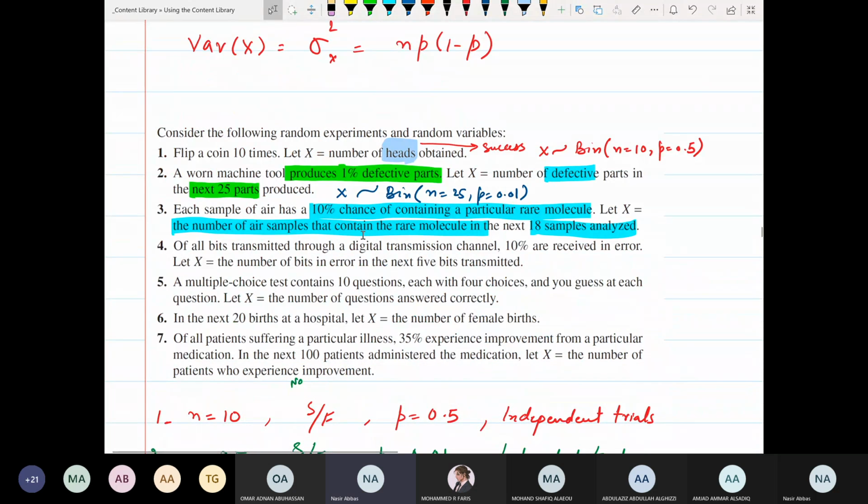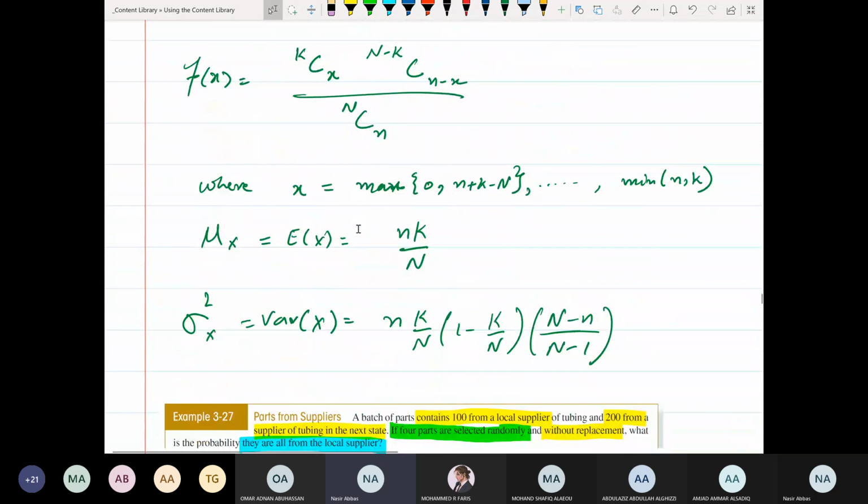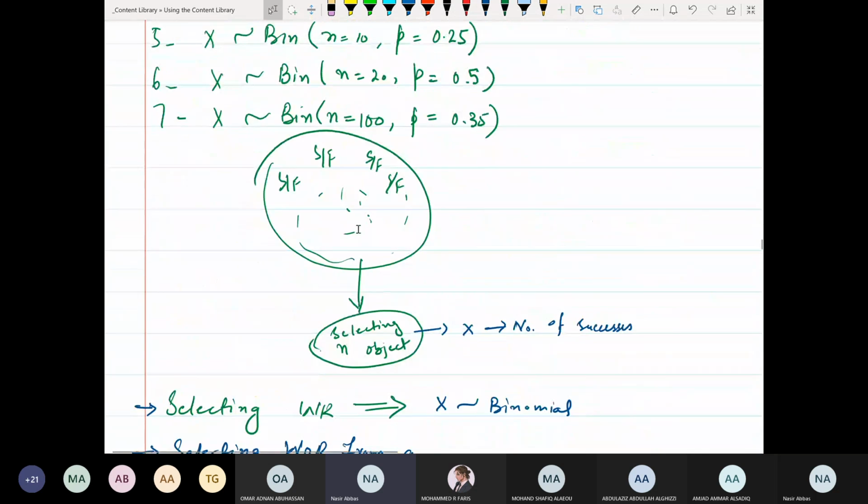Flip a coin 10 times and X denotes the number of heads. Let us go with this, or let's go with a more practical example.